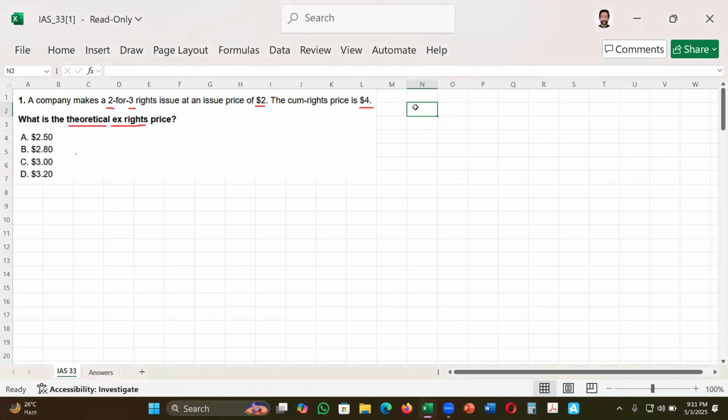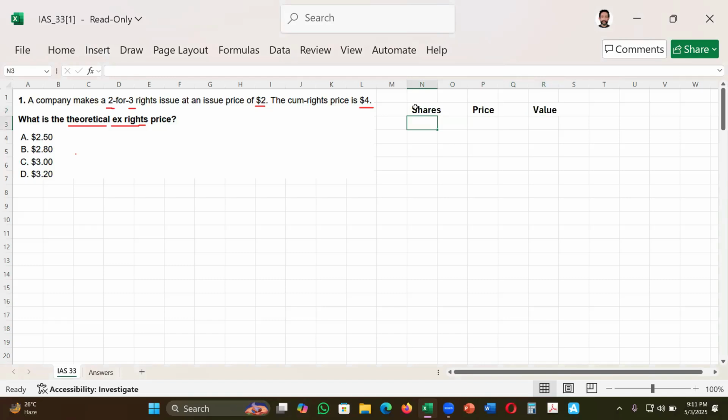So we need to see how many shares there are. We are going to have a shares column, and we are going to have their price, and then we're going to have their value, that is number of shares multiplied by the share price.